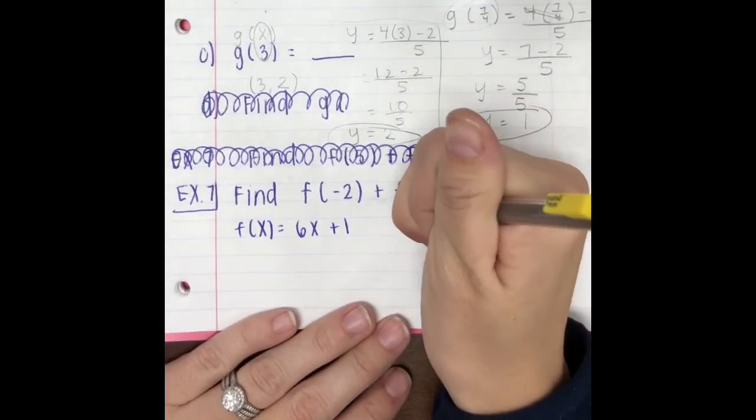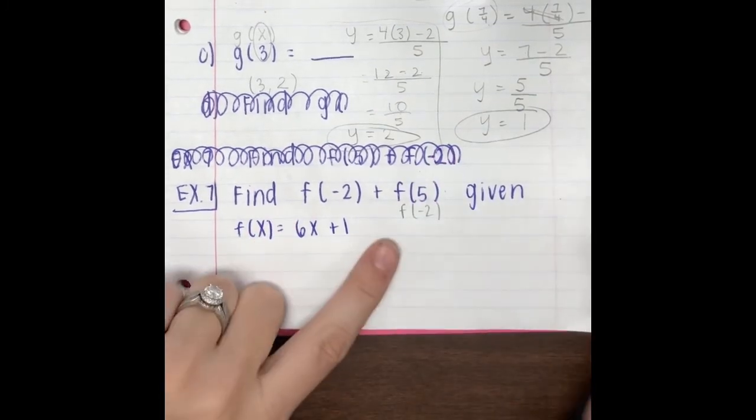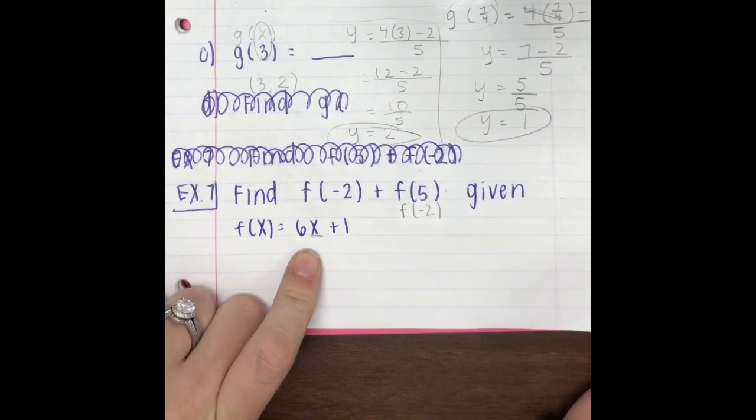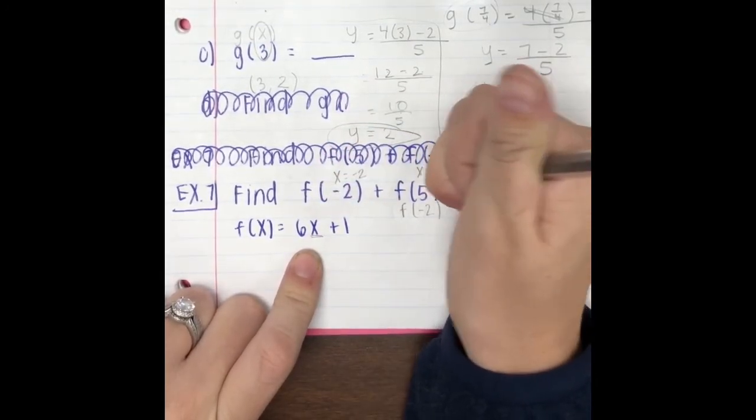All right, so we'll have f of negative 2, meaning I'm plugging in a negative 2 for my x, because this means x equals negative 2. This means x equals 5.